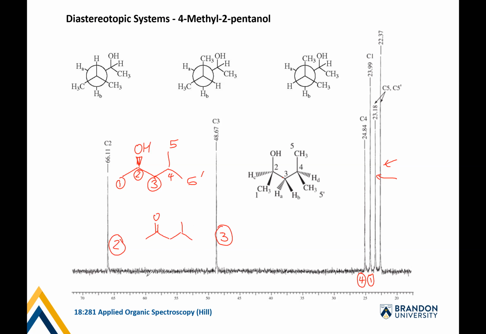Yeah, they would both be the same. They'd both be identical. So it's one of these interesting little things. Once you put a chiral center in here, you now see the two different carbon 5s because they've become diastereotopic. So that's interesting.